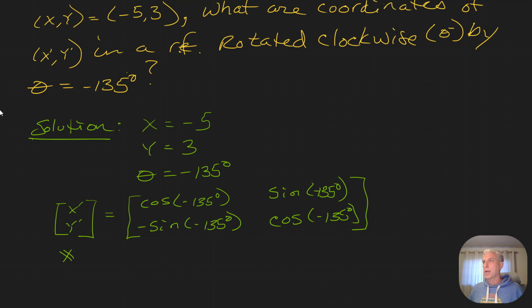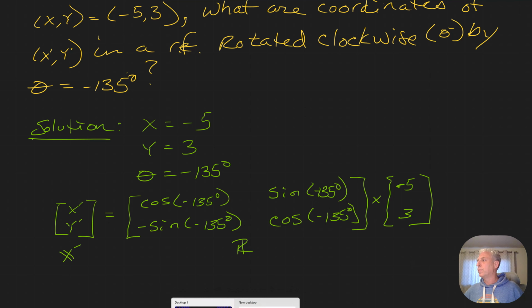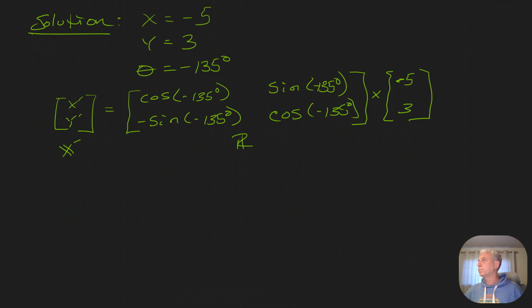So this is my x prime matrix. This is my r, or rotation matrix. And we multiply that by our original coordinates, so -5 and 3. Super simple.